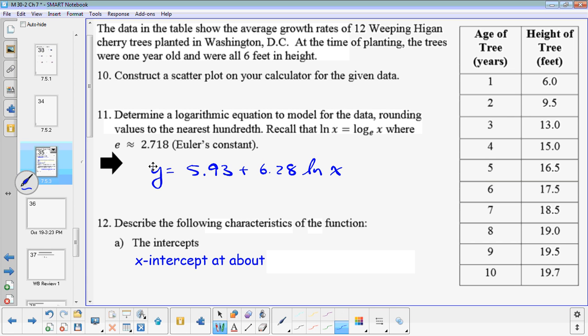So that's what my logarithmic regression equation looks like. And again, just remember the natural logarithm is a log base e, where e is Euler's constant. Good enough for number 11? Okay.